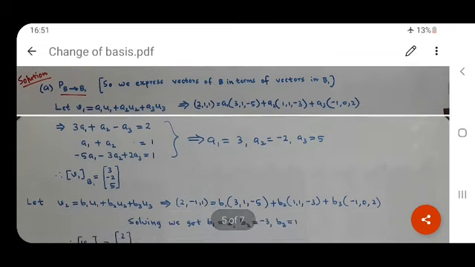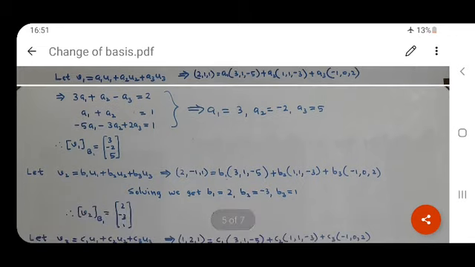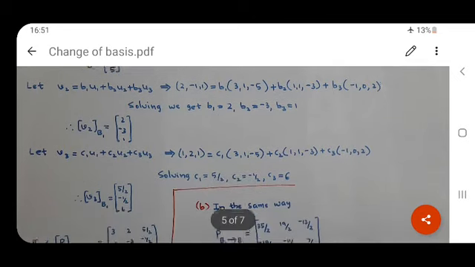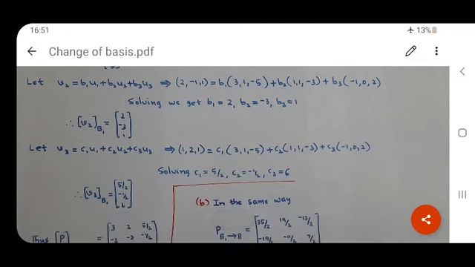Similarly, you express v2 as b1 u1 plus b2 u2 plus b3 u3, and solving as above, we get the matrix as (2, -3, 1), and similarly for v3 we will get the matrix of v3 relative to B1 as (5/2, -1/2, 6).